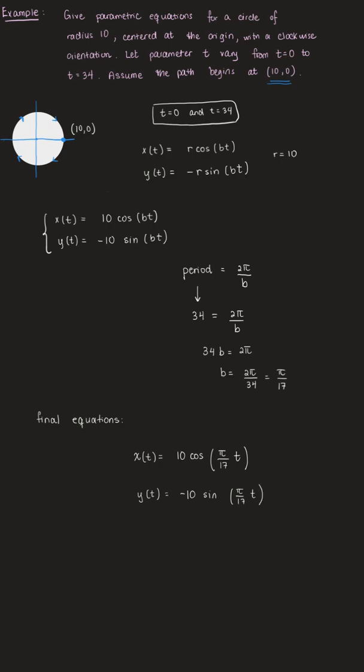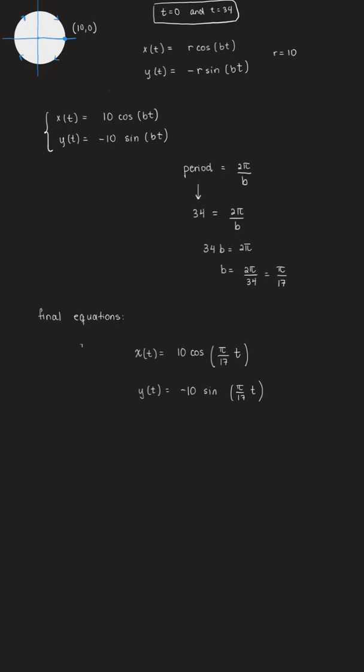Now, we want to make sure that this is really working, so let's do a check. When t is 0, when we start our path, we want to start at the point (10, 0). Let's check that our two equations give us that. I'm going to put in 0 for t in x of 0.